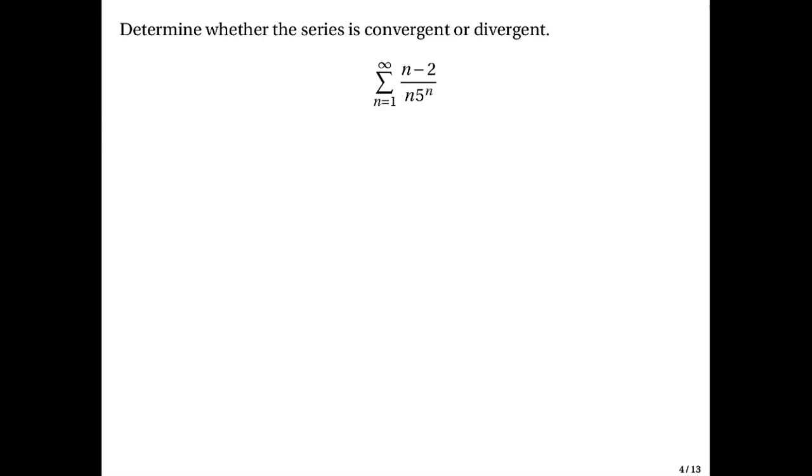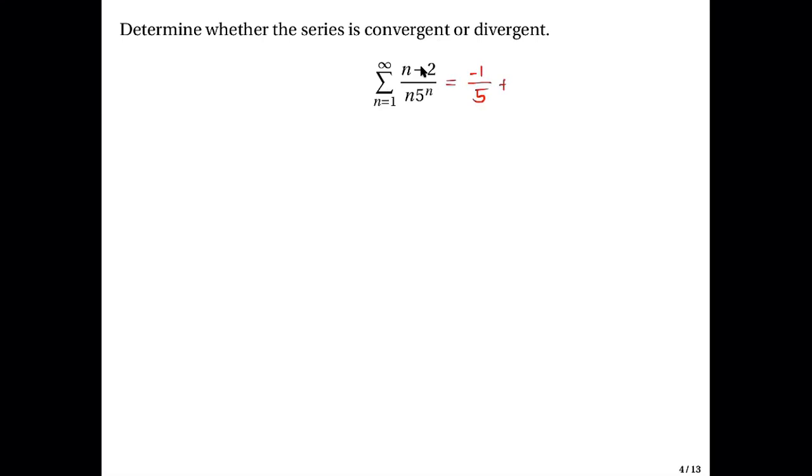So this series, you can write this as, when n equals 1, you have negative 1 over 5. Correct? 1 minus 2 is negative 1, and 5 to the 1 is 5. And then plus, when n equals 2, this is 0.